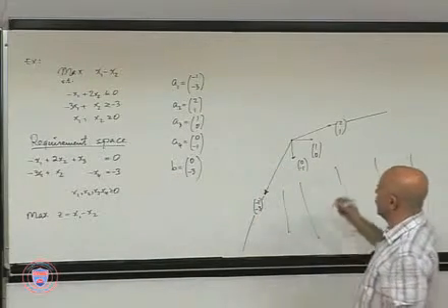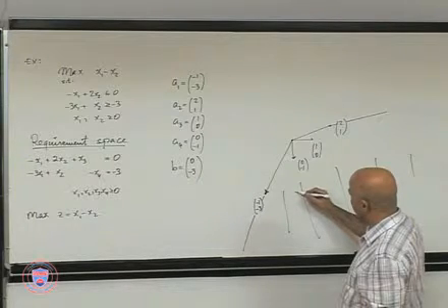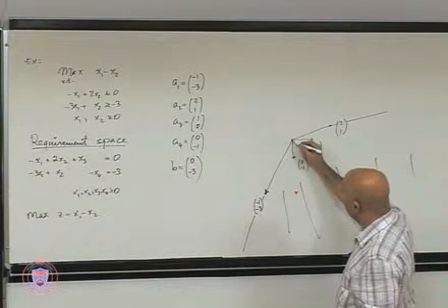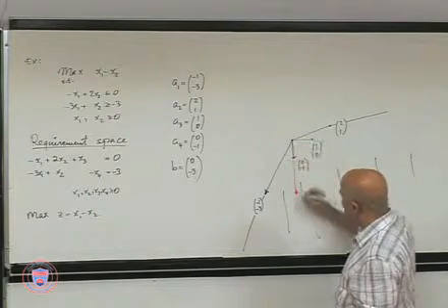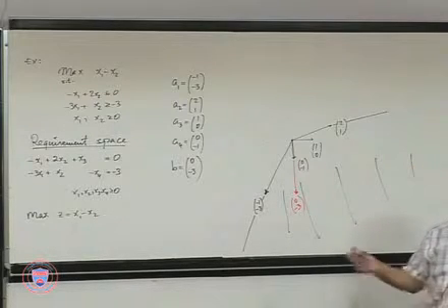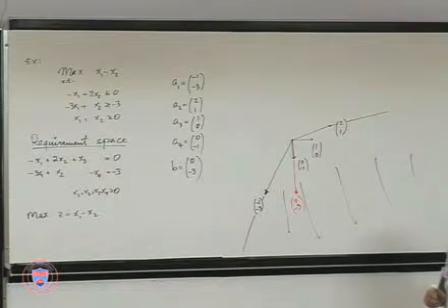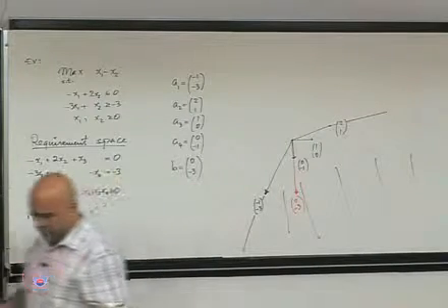It's 0, minus 3, all the way down here. So there's a feasible solution because B is inside the convex cone of these column vectors.